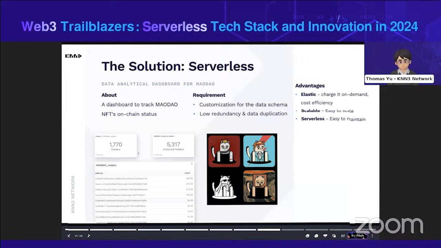In one case, we customized a dashboard for MaoDao. The MaoDao team wants to track how many people are holding the NFT and who is holding which Mao NFT, what their profiles and backgrounds are, and how the volume looks, and everything about this NFT.